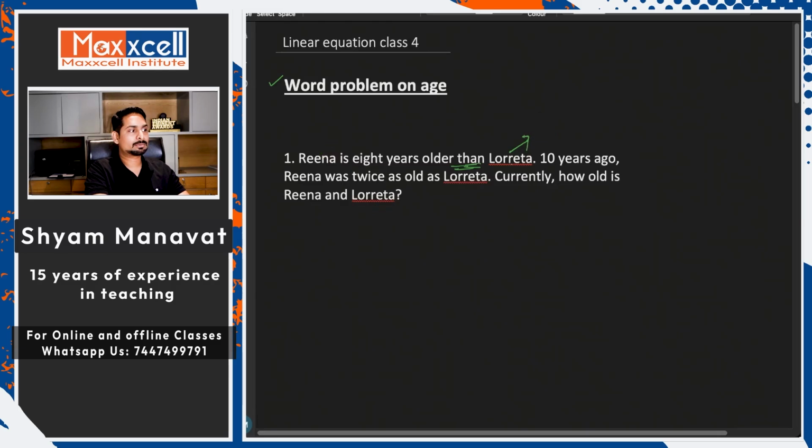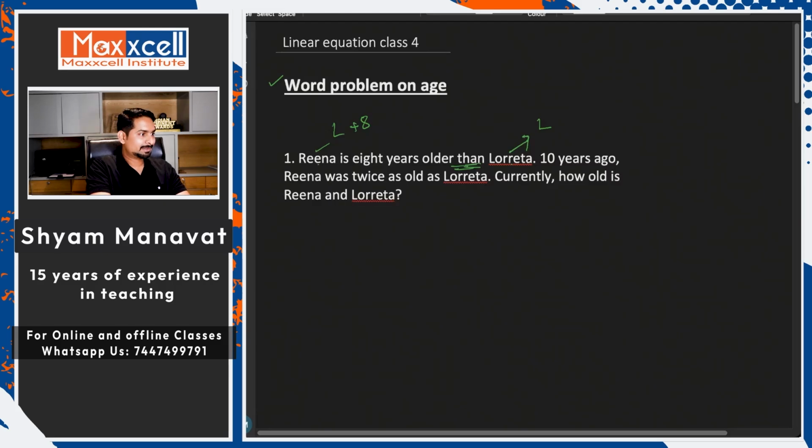So if I assume Loretta's present age is L, then Reena is 8 years older. Older means age is more. So Reena's age should be L plus 8. Reena is 8 years older than Loretta. Are you okay with this? Yes? Yeah?